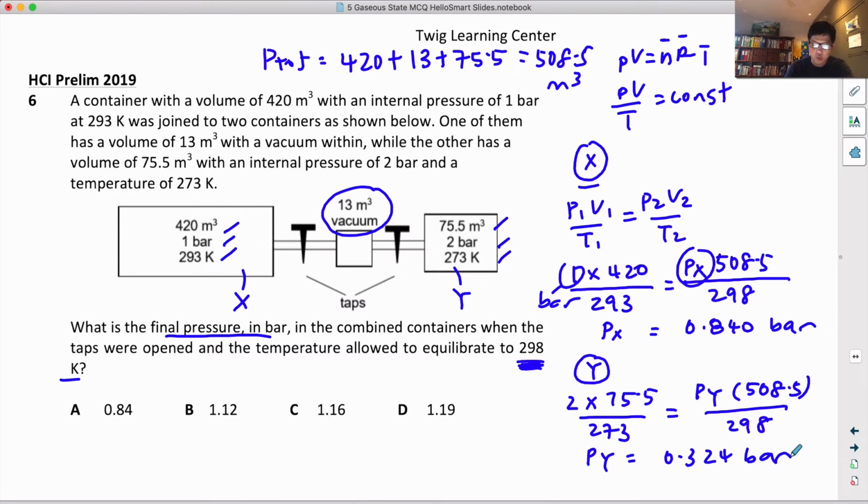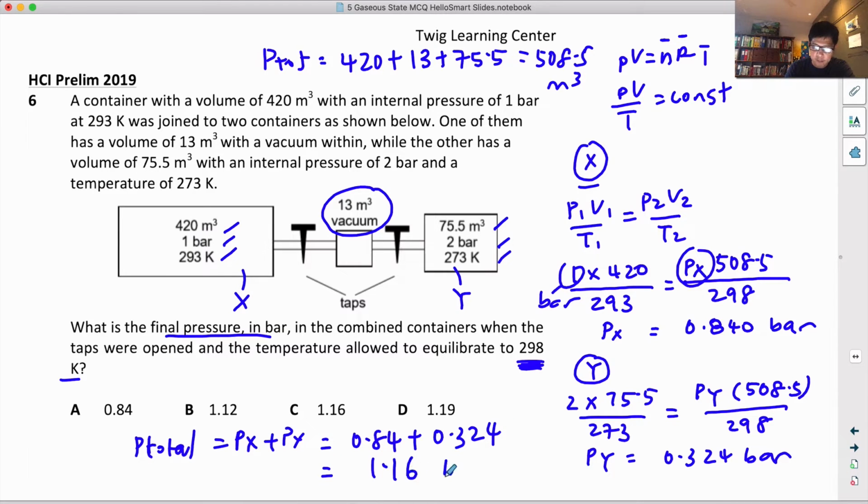So the total pressure is PX plus PY, which is 0.84 plus 0.324. Press your calculator and you get about 1.16 bar. So the answer is C.